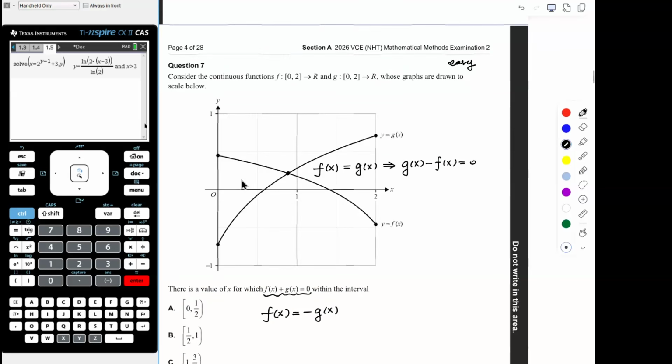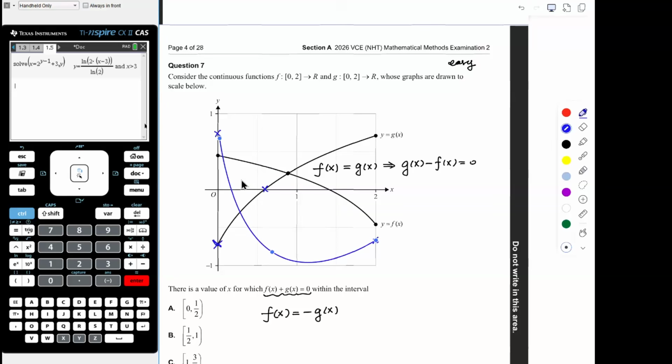Therefore, we actually need to look at, for example, f of x equals minus g of x, which means I'm going to look at the reflected graph. So what I would do is I'll draw a curve like that, actually, bear with me. Oh, how come I couldn't draw a curve?